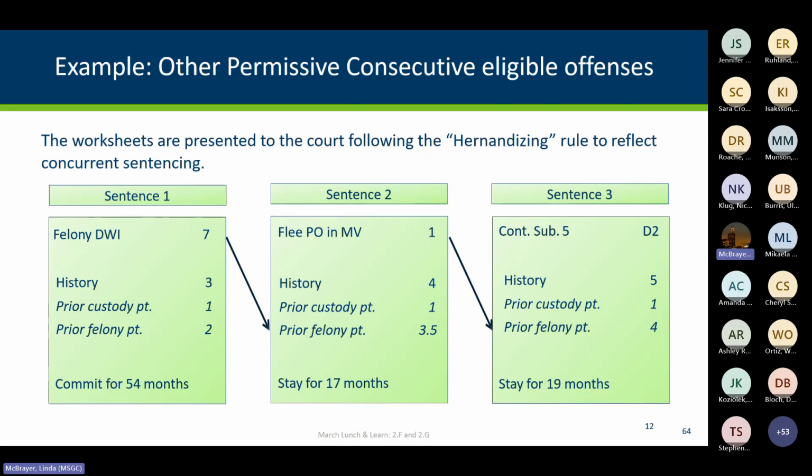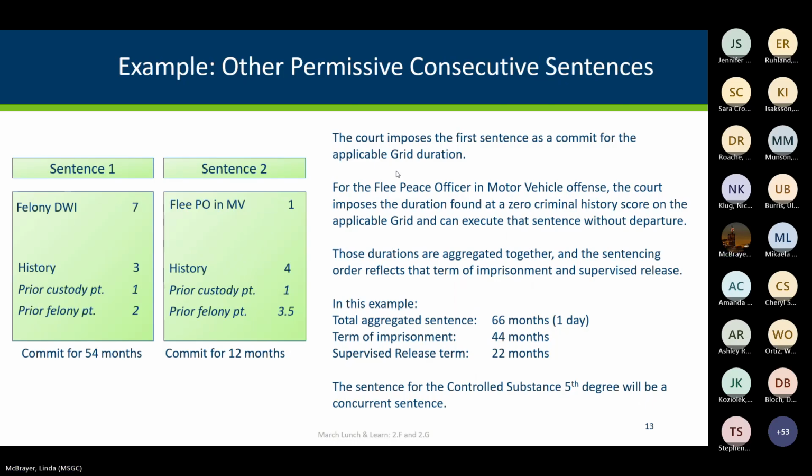So if these were the offenses that were being sentenced, they would look like this. The court would impose the 54 months on the felony DWI, and then they would impose a commit for 12 months on the fleeing a peace officer.